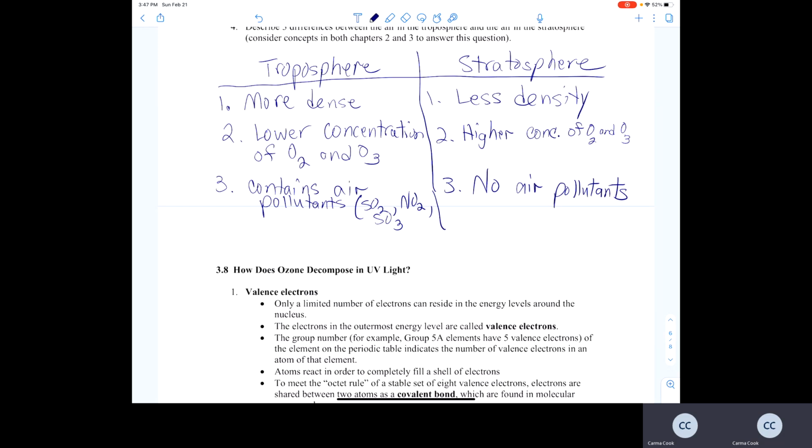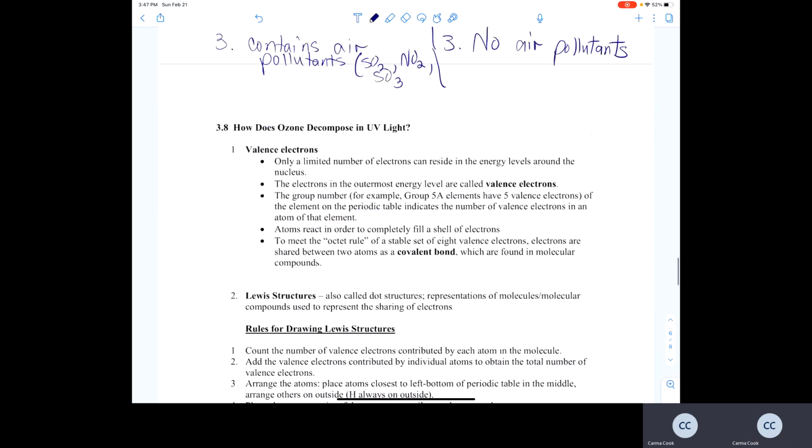So only a limited number of electrons can reside in the energy levels that orbit around the nucleus. The electrons that reside in the outermost energy levels, which are farther away from the nucleus, have more freedom of movement. They can jump from one energy level to the next very easily.